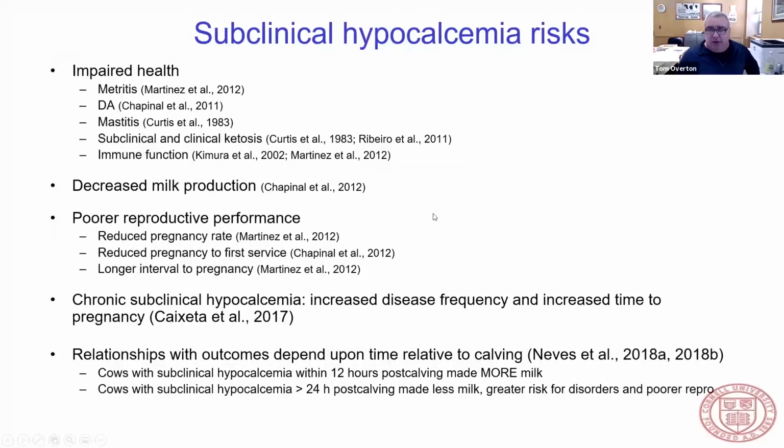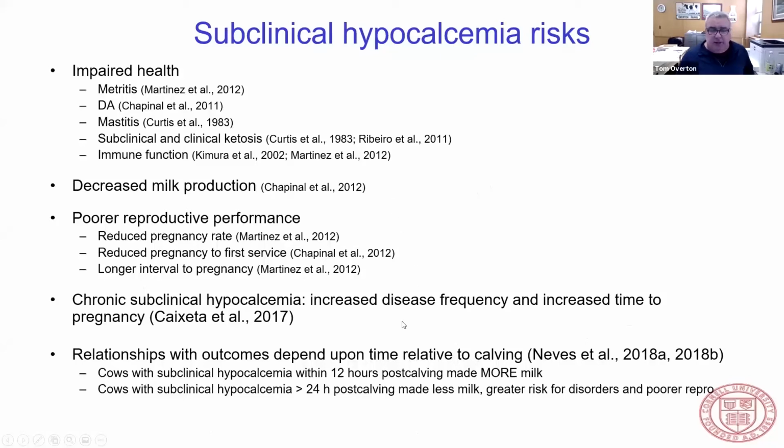There's been a lot of work done on not only clinical, but then also more recently subclinical hypocalcemia. Lots of studies relating both clinical and subclinical hypocalcemia to impaired health, to lower milk, to poor repro.